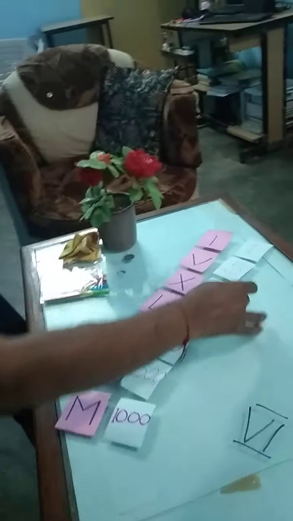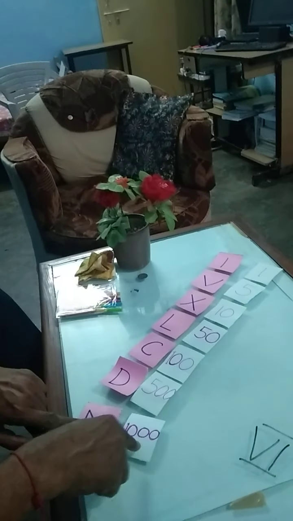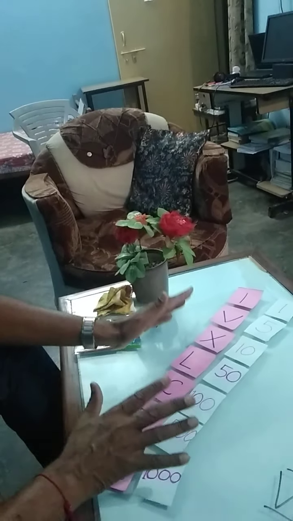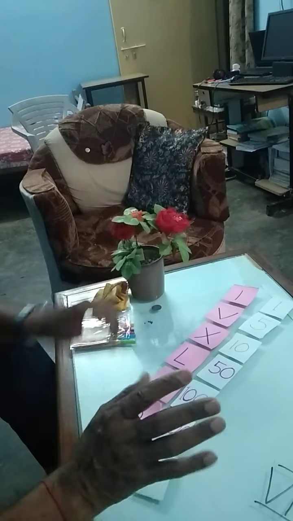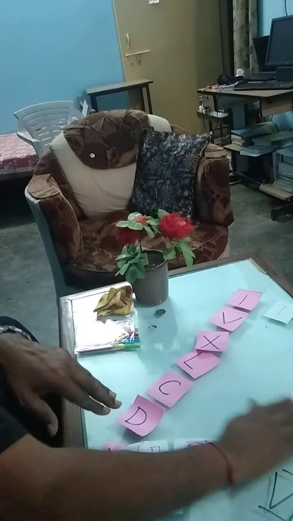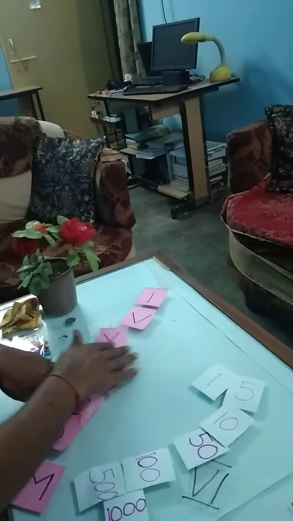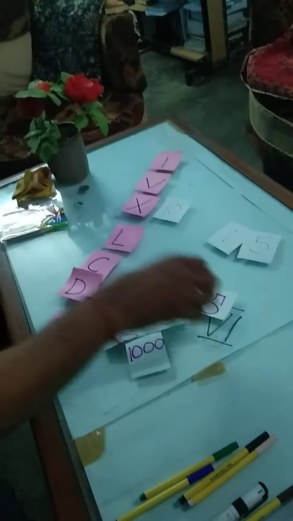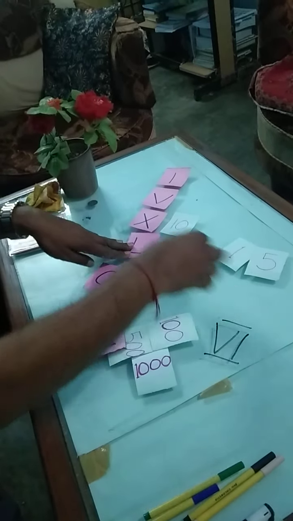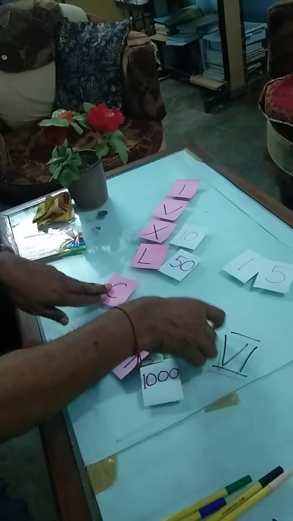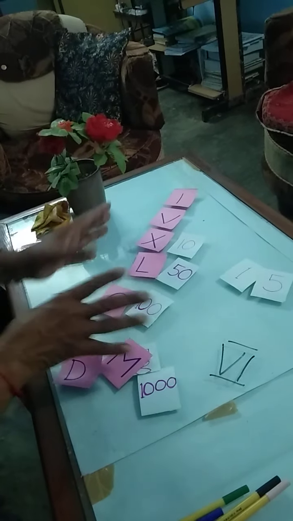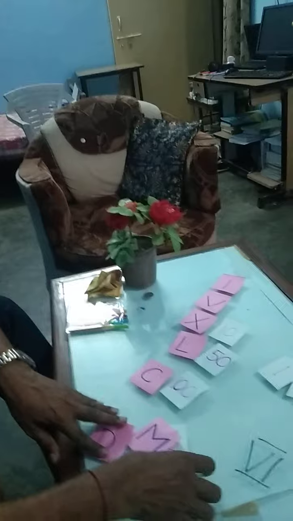So it is 1, 5, 10, 50, 100, 500, 1000. First of all we must remember this. Even if it is mixed up, you should be in a position to rearrange it. X, it's 10. L, it's 50. C, it's 100. You can play a game so that you become used to this.